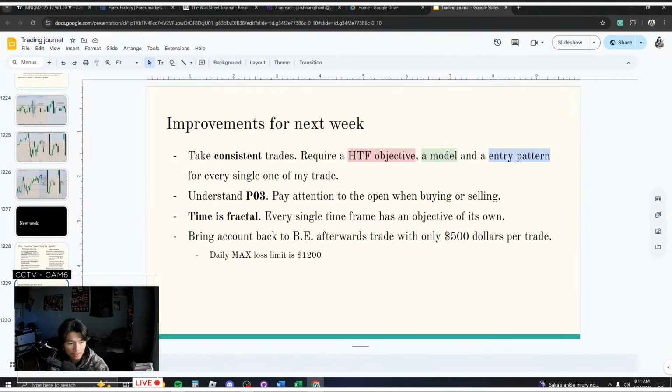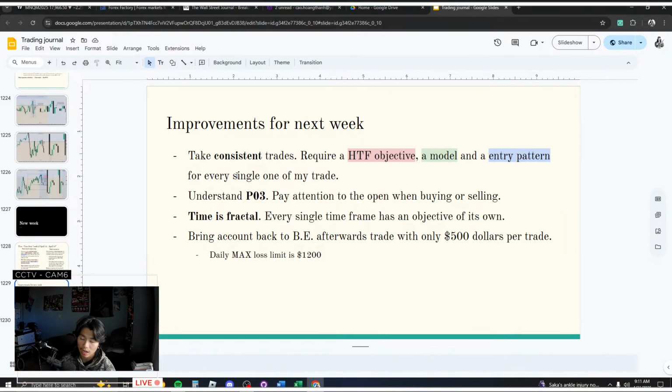And yeah, so some improvements here. Just taking consistent trades. How am I going to do that? Like I said, having those three components: higher time frame objective, a model, and an entry pattern. Second, understanding power of three: open, high, low, close, anticipating the next candle.